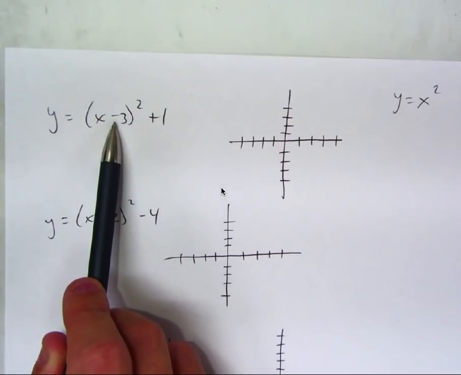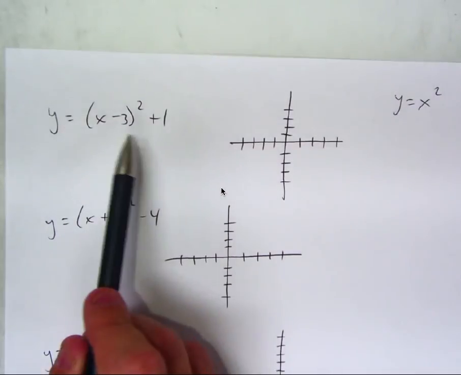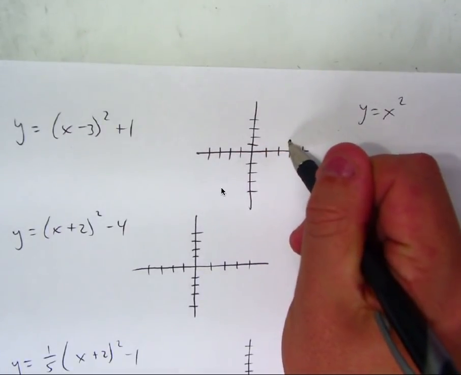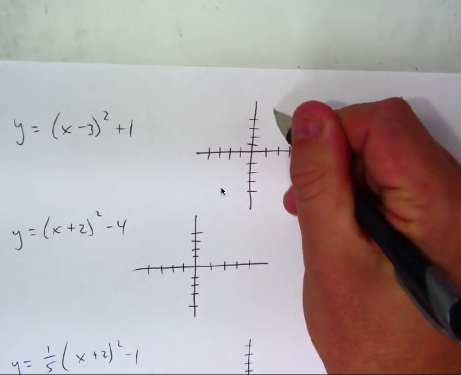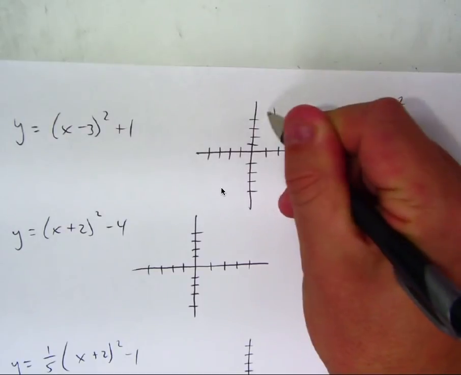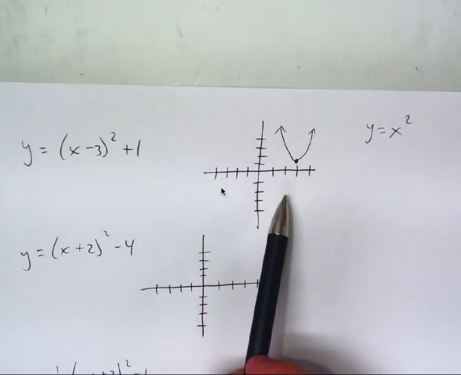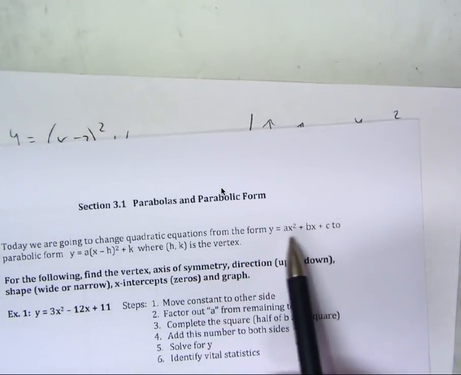It's the opposite of what you would think this would do, and then whatever this would do. So if we shift our parabola right 3, up 1, that puts our new vertex right here at (3, 1). And then we can draw our normal looking parabola. If we have it in this form, we know exactly where it's going to be. Whereas if we had it in the form we're familiar with, like this, we don't know exactly where it's going to be in the coordinate plane.